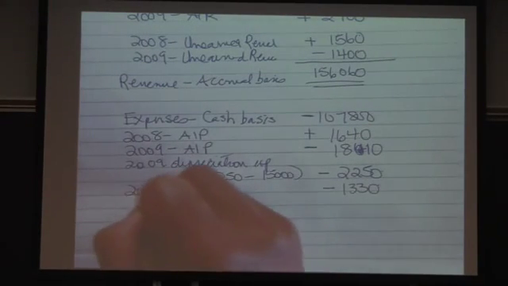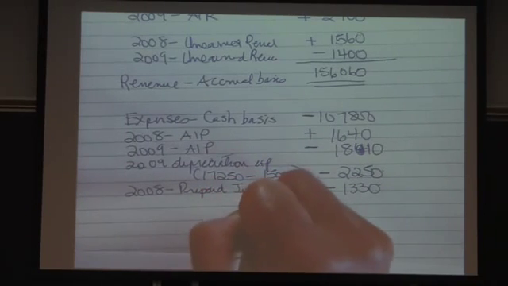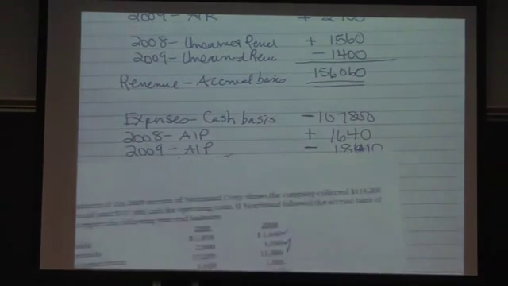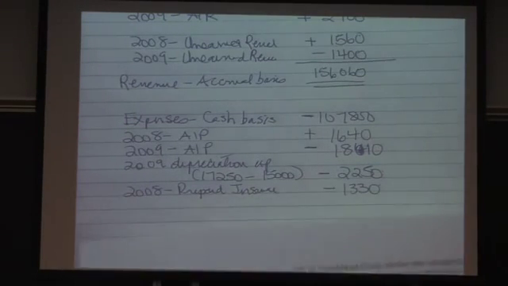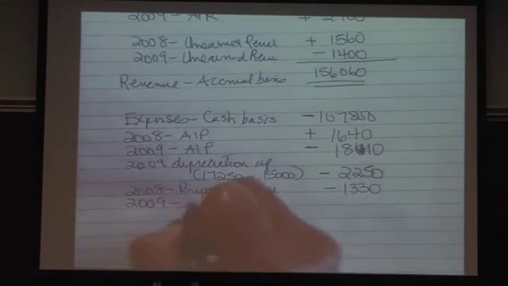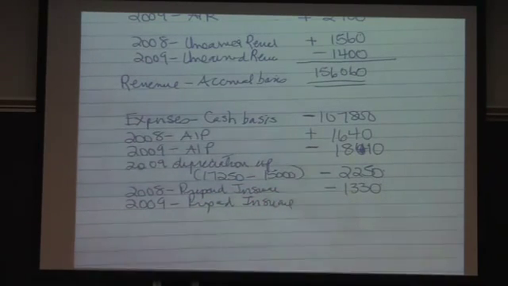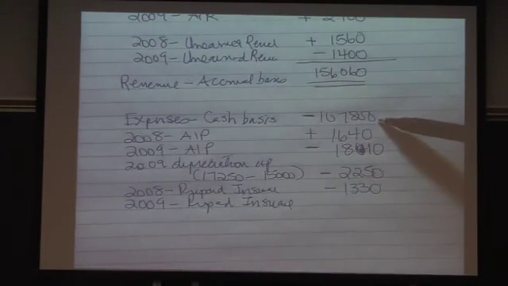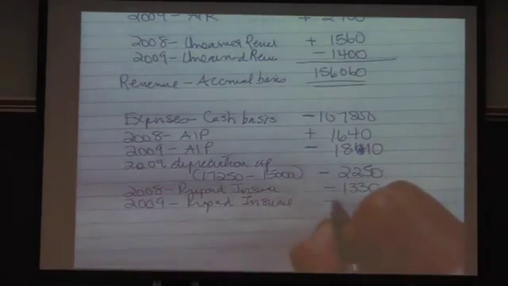That relates to 2008 prepaid insurance, because that would have been paid in 2008, but it's really an expense under the accrual basis in 2009. And now we're going to take a look at the 2009 prepaid insurance. And 2009 prepaid insurance means we would have paid it in 2009, part of this 107,800, but it pertains to future economic benefit for 2010. That's why we are adding it back.